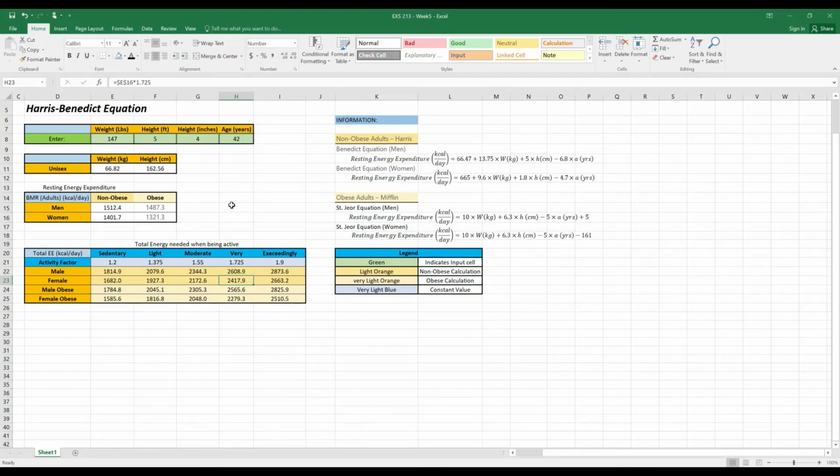So this is what this Excel spreadsheet can do, and you can see right here, essentially what it does is it just takes this value for the woman and then multiplies it by 1.725.